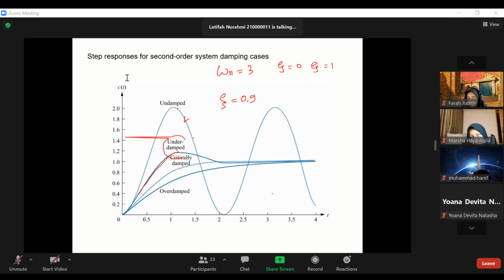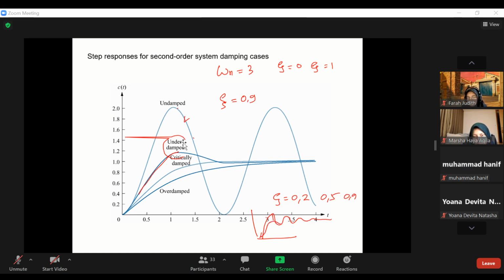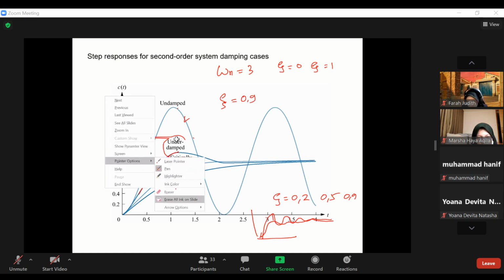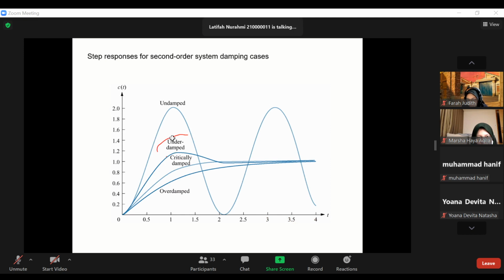If your zeta is 0.2, of course your graph will have more peaks. As zeta increases, 0.5, 0.9, you will have less peak. That's because you are reaching the critically damped system.